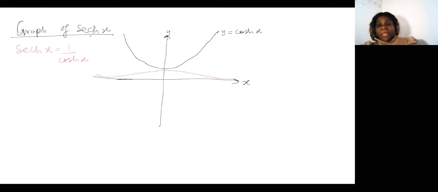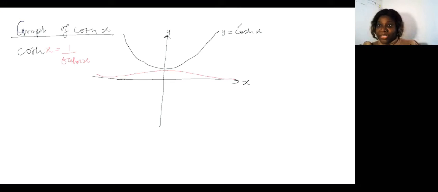Okay, you can have the graph of cot x. Let's have a look at the graph of cot x. Okay, so cot x would be equal to 1 over tan x. So I'm going to take these off. Yeah, you know what your tan x is?